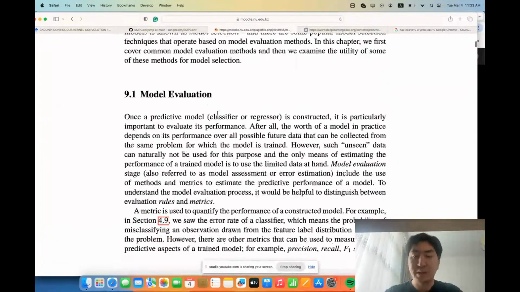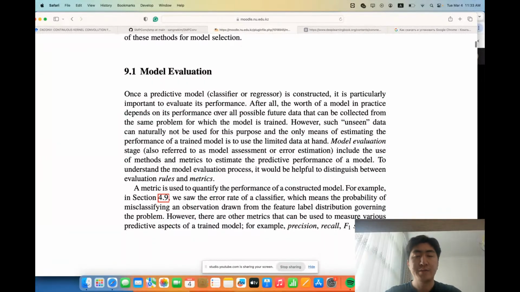Once a predictive model, classifier or regressor is constructed, it's particularly important to evaluate its performance. After all, the worth of a model in practice depends on its performance over all possible future data that can be collected from the same problem for which the model is trained.